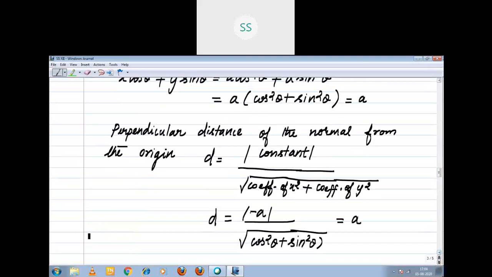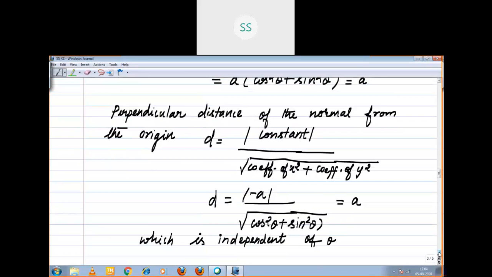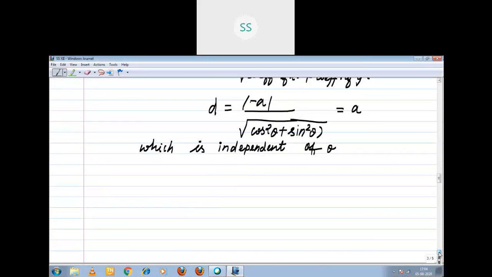Which is independent of theta. We proved it is independent of theta. And what do you want to say?